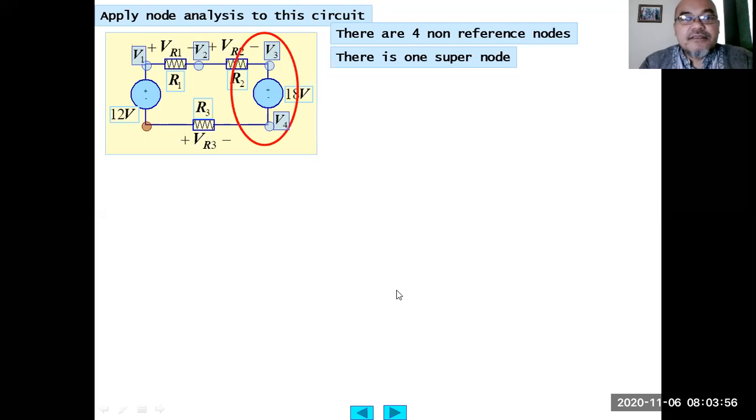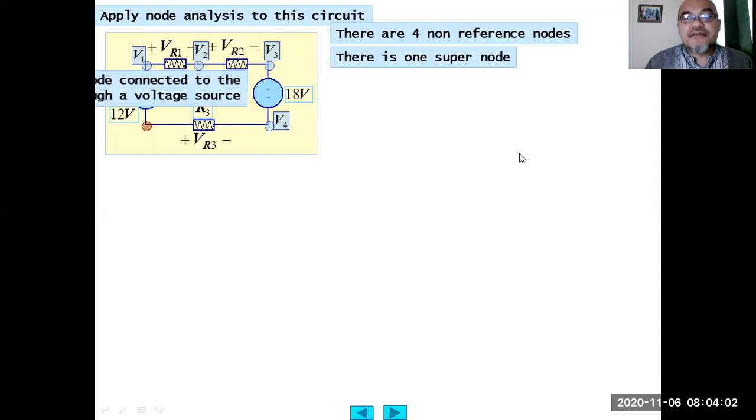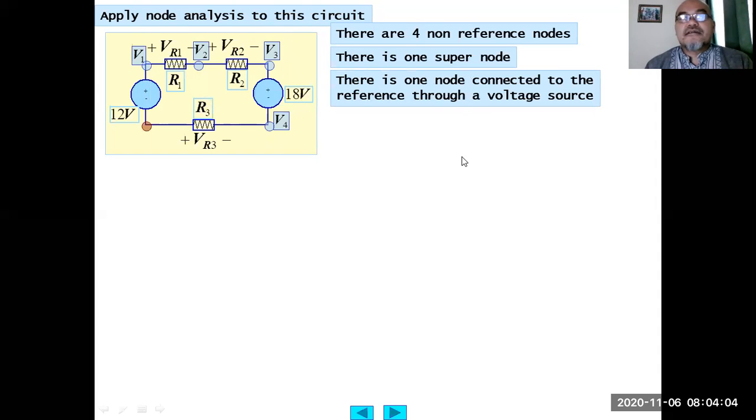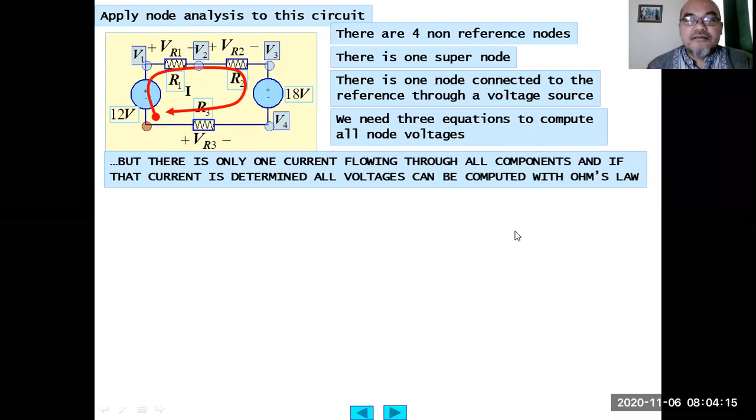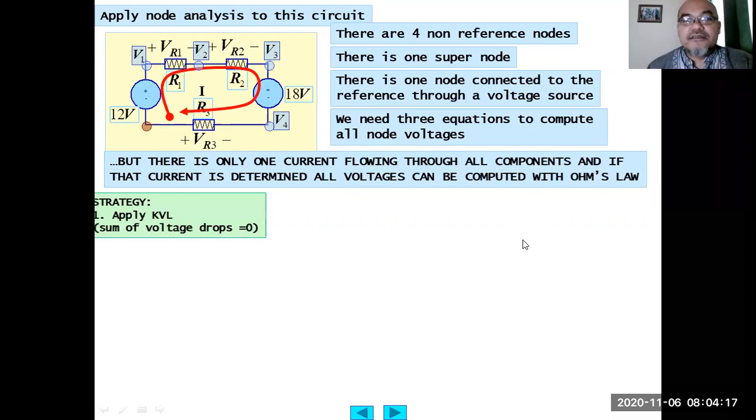So we have discussed how to write the Kirchhoff voltage law. This is the review of the previous section.